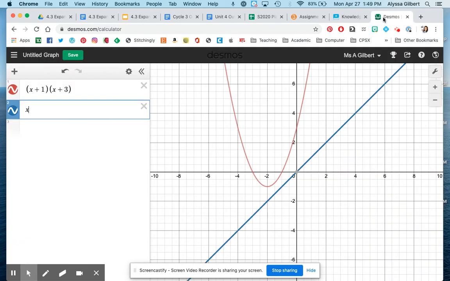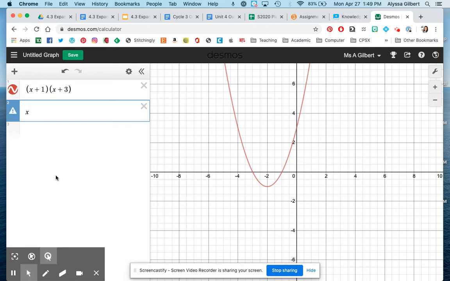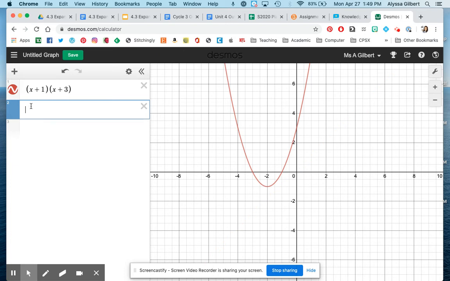To do an x squared, you do x and then shift 6, so you get that little hat. That'll make an exponent. X squared plus 4x plus 3.